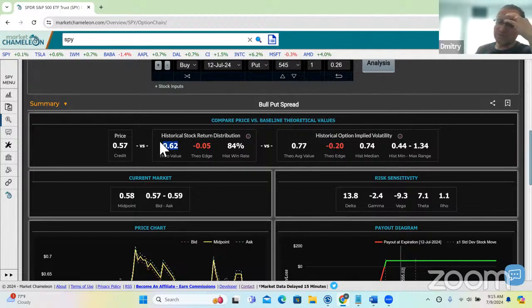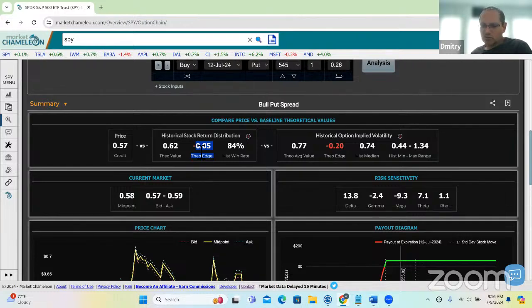So from that perspective, 57 cents is below that, 5 cents below that average. And that doesn't mean necessarily that it's going to end up being a loser. We don't know. It could still go to zero, but if we just use the average, it's a little bit below.